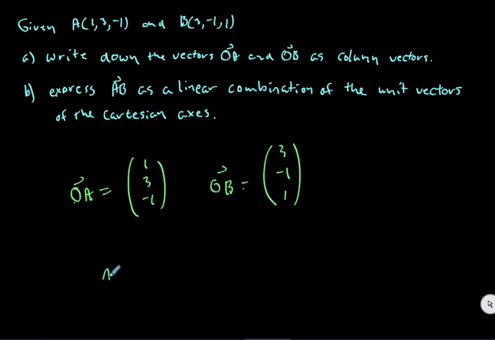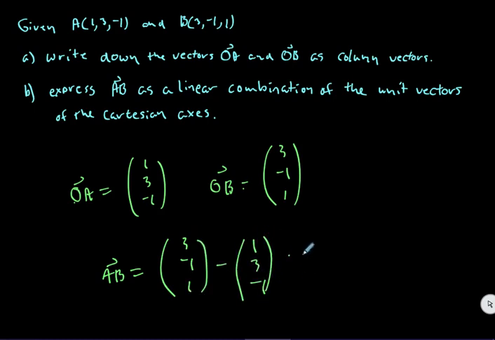So AB would be our position vector OB, which is 3, negative 1, 1, minus our 1, 3, negative 1, and that's going to come 3 minus 1 is 2, and then negative 1 minus 3, that's a negative 4, right? And then 1 minus negative 1, that's going to be 2, right?